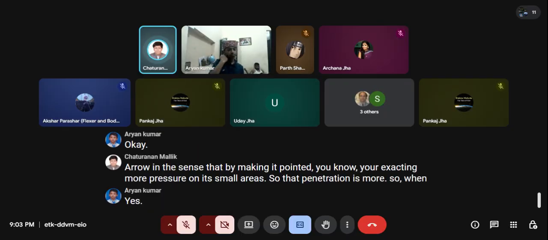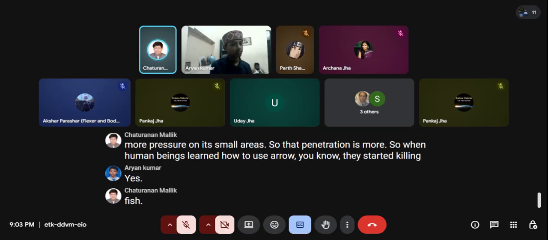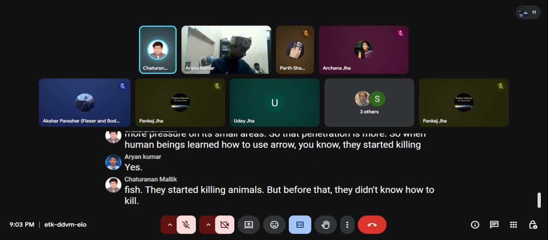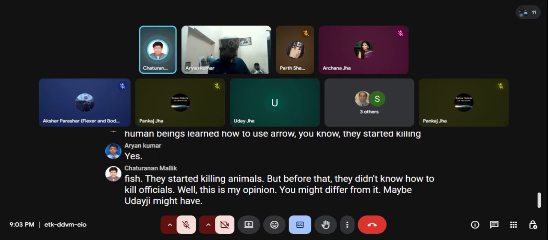When human beings learned how to use an arrow, they started killing fish and animals. Before that, they didn't know how to kill a fish. Well, this is my opinion. You might differ from it. Maybe Udayji might have another answer.